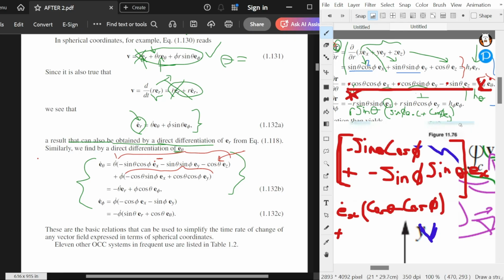I think that's it. Am I missing a step? I differentiated this entire thing to get EX dot multiplied by this guy. And then I differentiated this guy, then I had to multiply by EX, cos theta cos phi. Yeah, I think I have it.